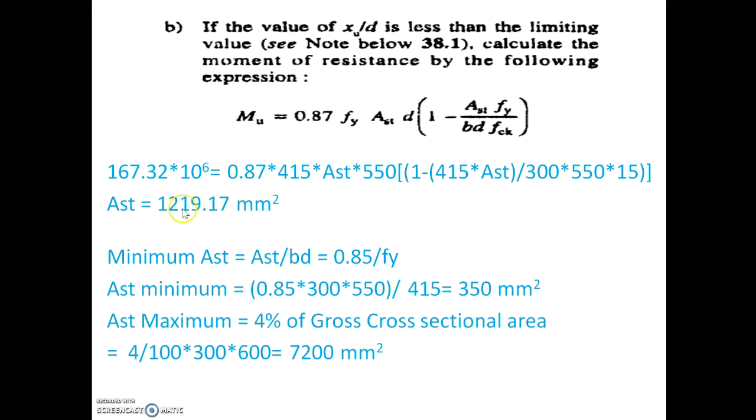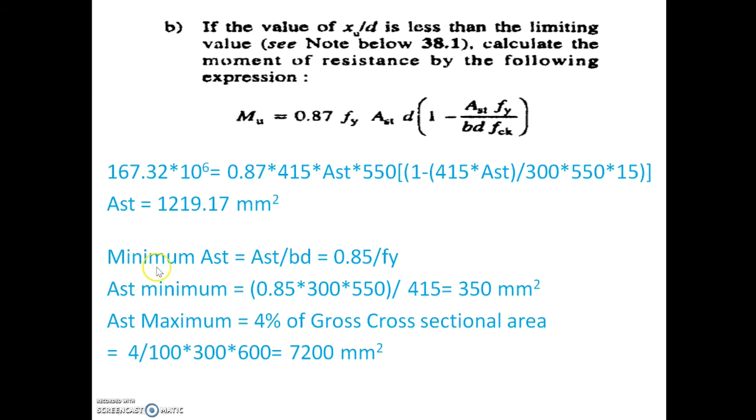By solving this equation, we will get Ast is equal to 1219.17 mm square.